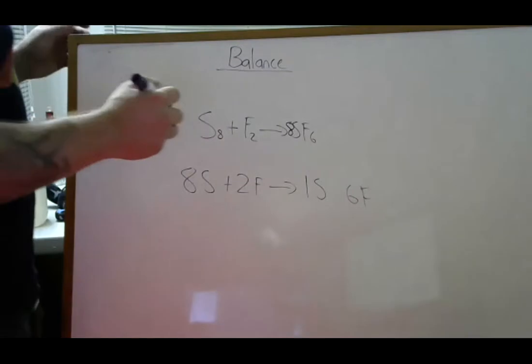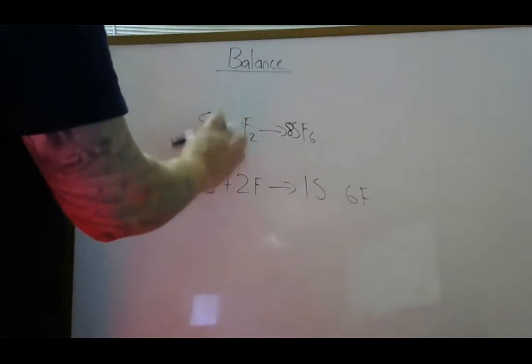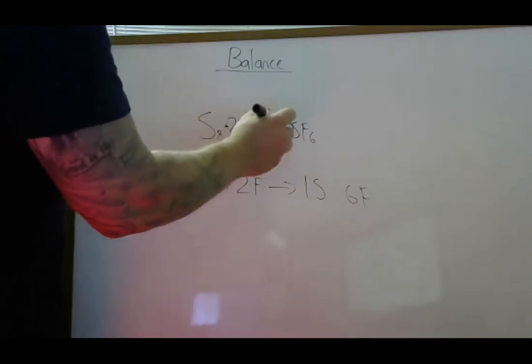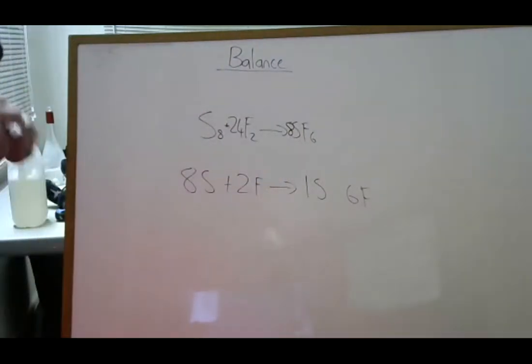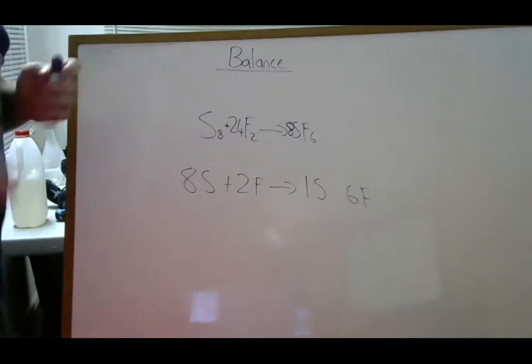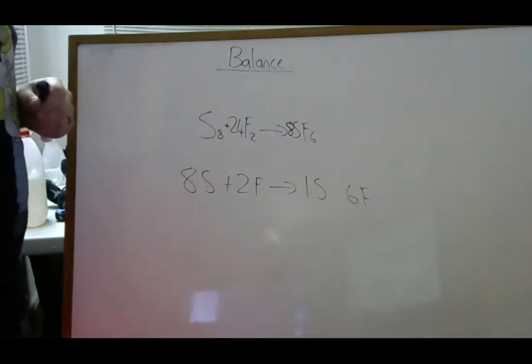So we would have 24 F2, 8 SF6. Quick count, is that balanced now? So 48 fluorine, 8 sulfur on both sides. Okay, I'm not going to do any more of that. You guys can practice those in your own time if you like.